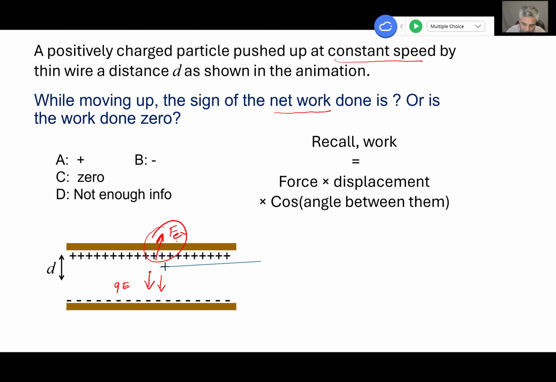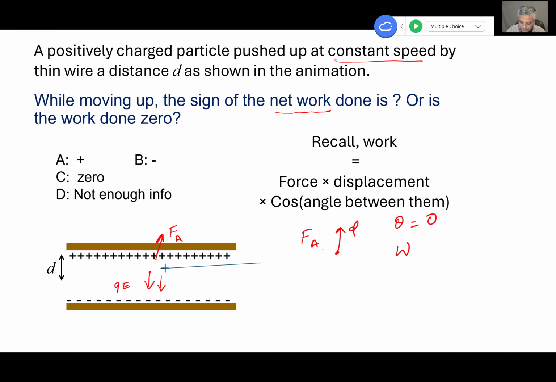The external force here, maybe I should write applied force so as not to confuse it with the electric force. Okay, applied force is good. So here displacement is in that direction. Applied force is in that direction. So theta is 0.